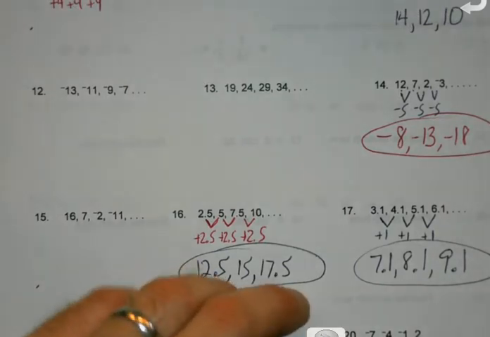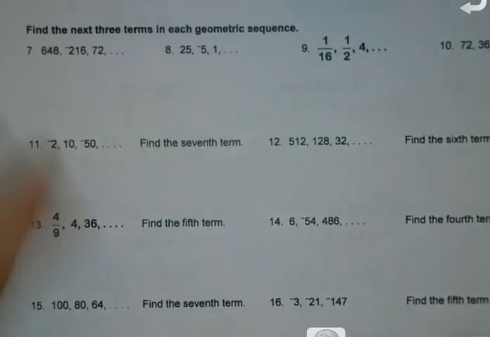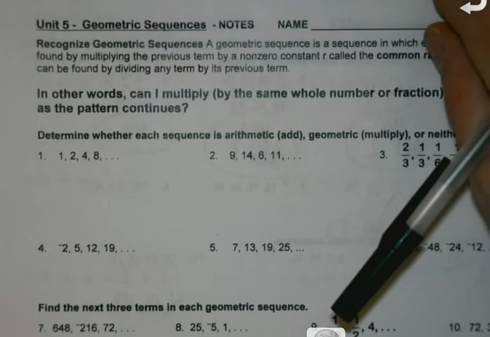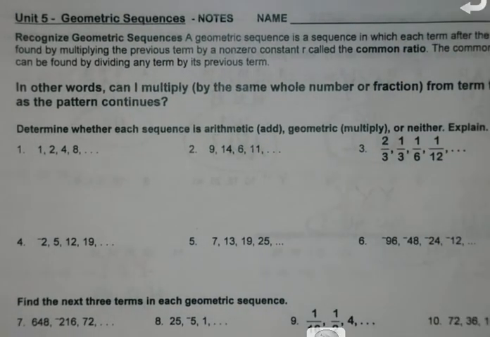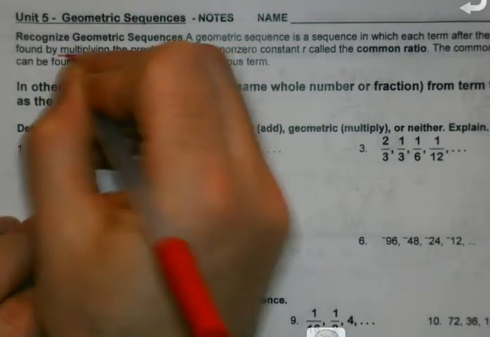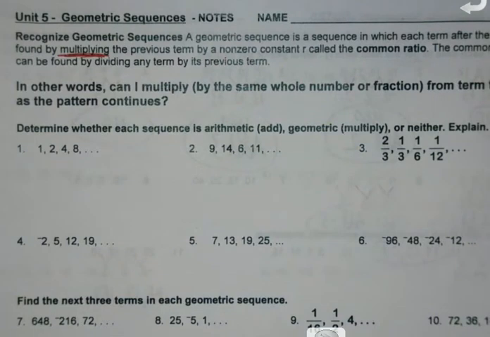Now, if you flip over, the other side introduces us to our other type of sequence, which is called geometric. So a geometric sequence is found by saying, what can I multiply the previous term by to get my next answer?